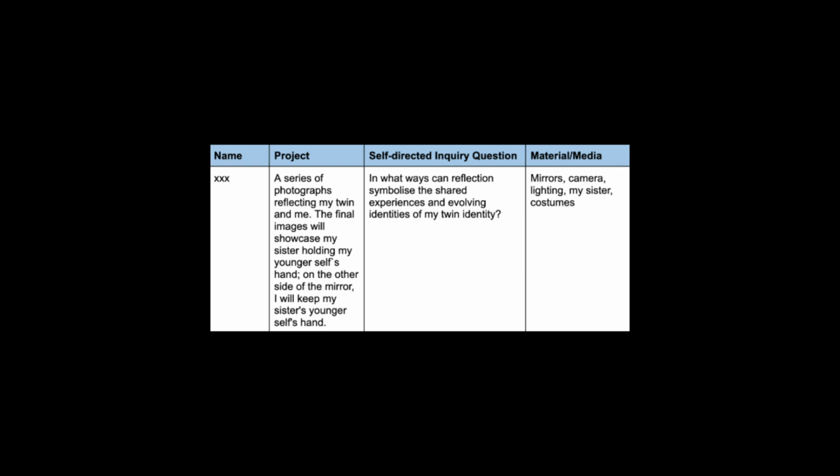So, for example, one student explored, how does my cultural heritage influence my sense of self? While another investigated, how has the international community impacted my identity as a Muslim? Yeah, since then, the engagement has increased massively. And as a consequence, the media and motif choice or even theme choice varied as well.